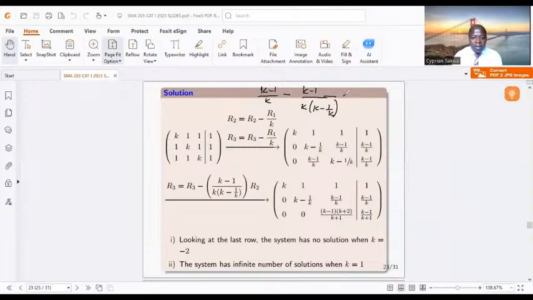This result multiplied by k minus 1 out of k.